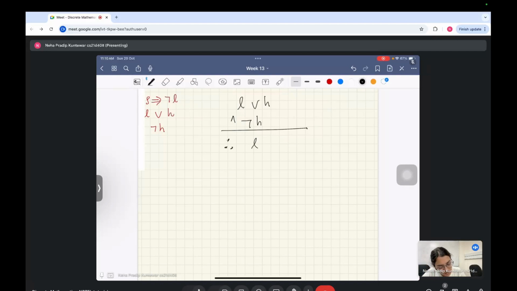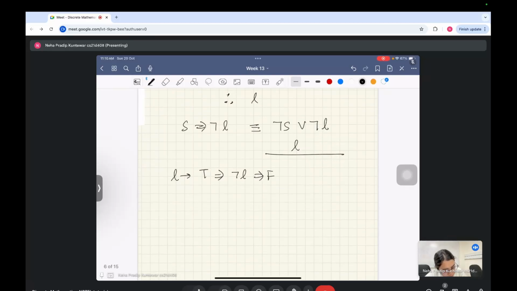Now what we know further is S implies negation L, and we know that this is equivalent to negation S or negation L. And again, from here we know that either negation S should be true or negation L should be true. And if L is true, then negation L is false.